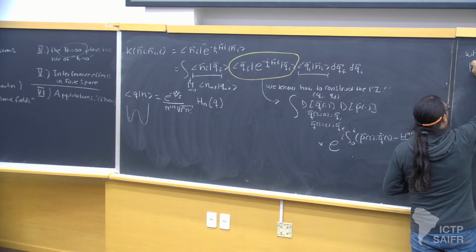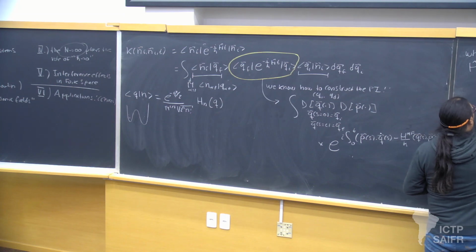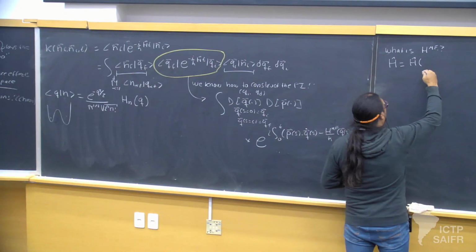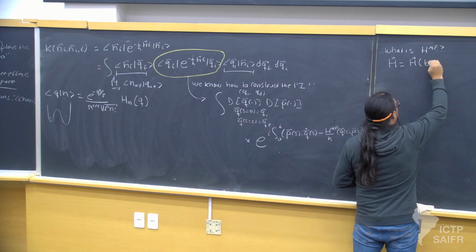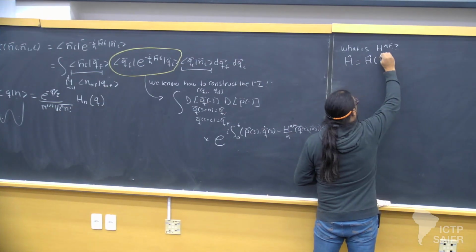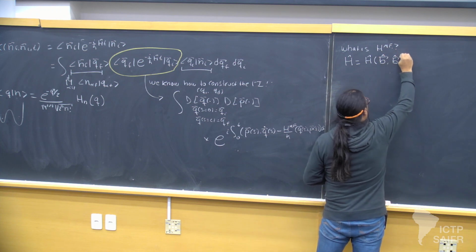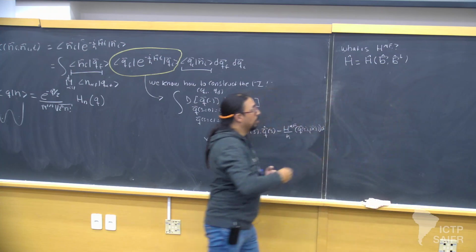Remember, the quantum Hamiltonian is some function of Q and P, or some function of the B's, I hate this vector hat, and B daggers, all of them.